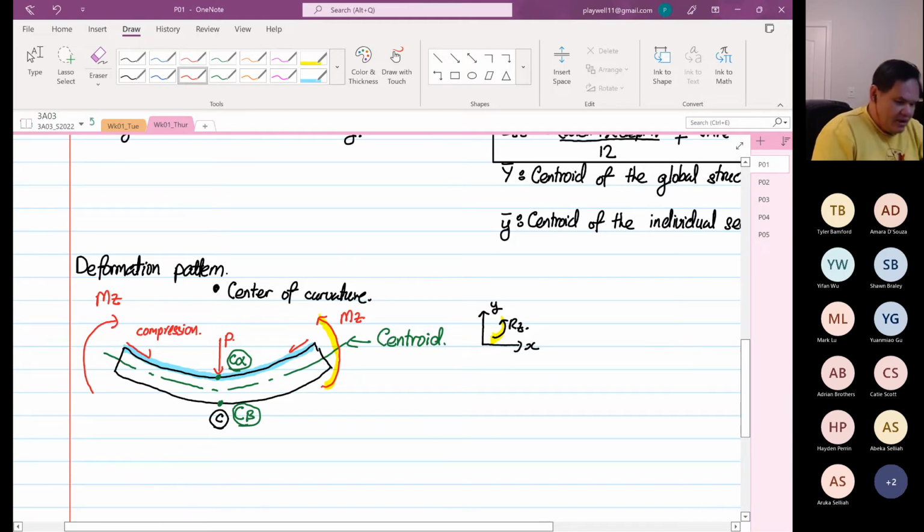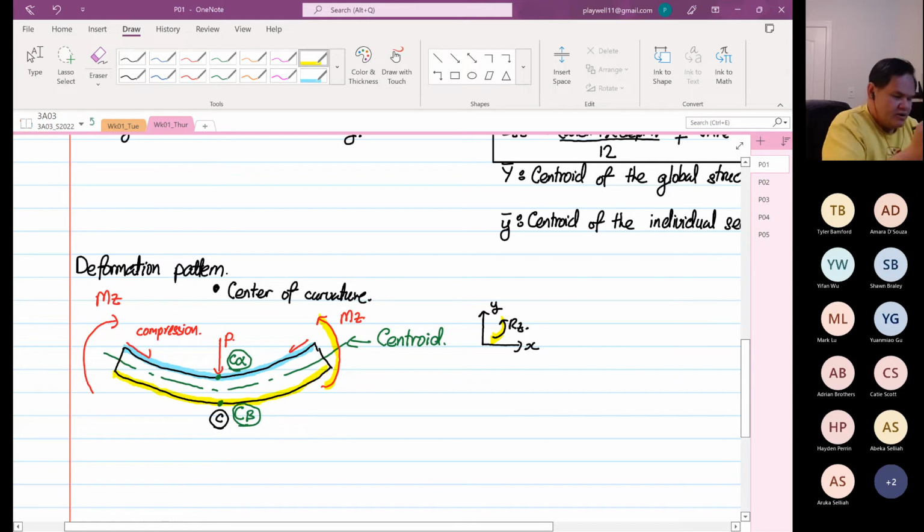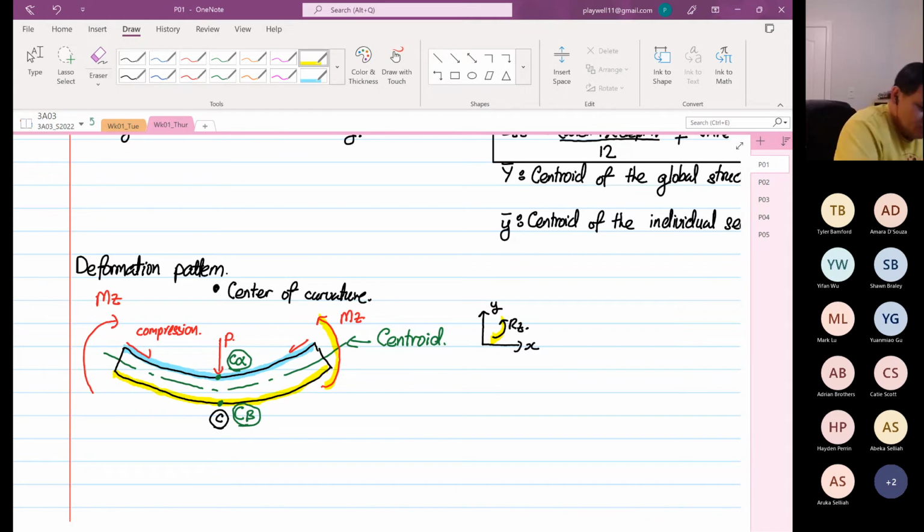And where I'm going to highlight in yellow the outer circumference, we know that the circumference is longer than that on the centroid. So with that, we know that it's going to be under tension.